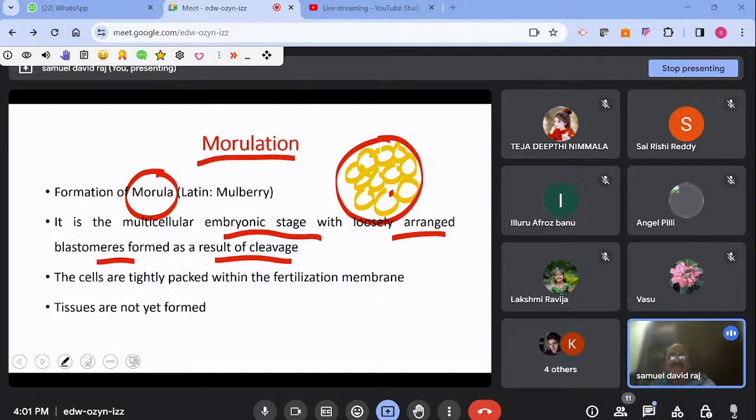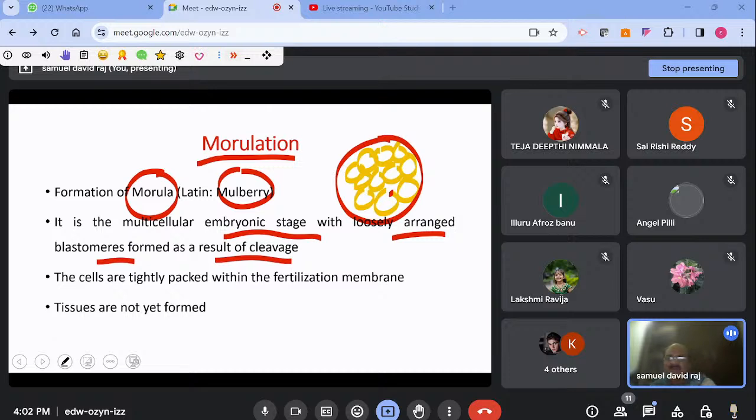Why is this name given? In Latin, morula means mulberry. And when the scientist saw this for the first time, he identified it with the shape of the mulberry fruit. For example, our pineapple fruit with all these small structures around it, we can compare the pineapple fruit with the mulberry fruit.